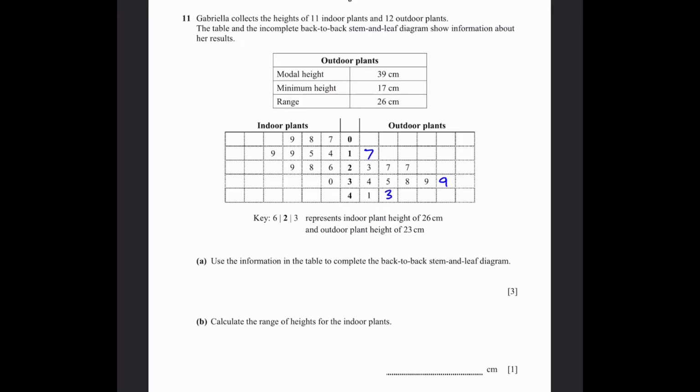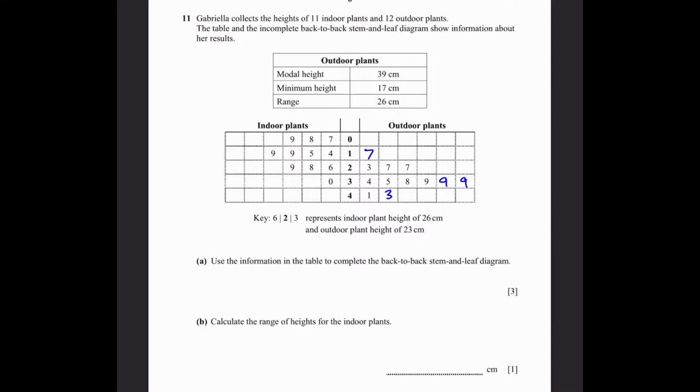Well, of course, if we add one more 39 here, it still won't be the exact modal height because there's 2 of them. But then there's also 2 of 27. So we have to add another 39. And of course, this also brings the number of outdoor plants to 12. So we've completed the stem and leaf diagram. That's our answer for part A.